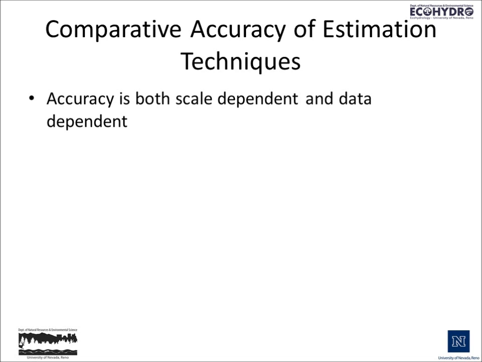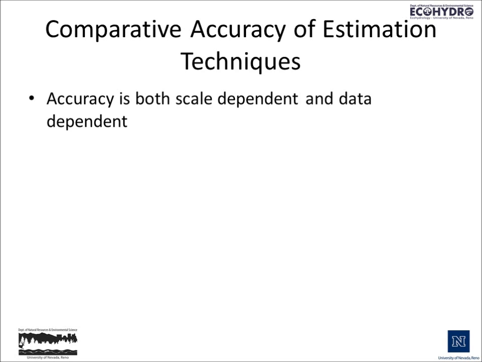Accuracy of these techniques is both scale dependent and data dependent. If we have a sparse data set and we have a high degree of change across an area and our scales for representing the area are fairly coarse, then our accuracy will suffer.